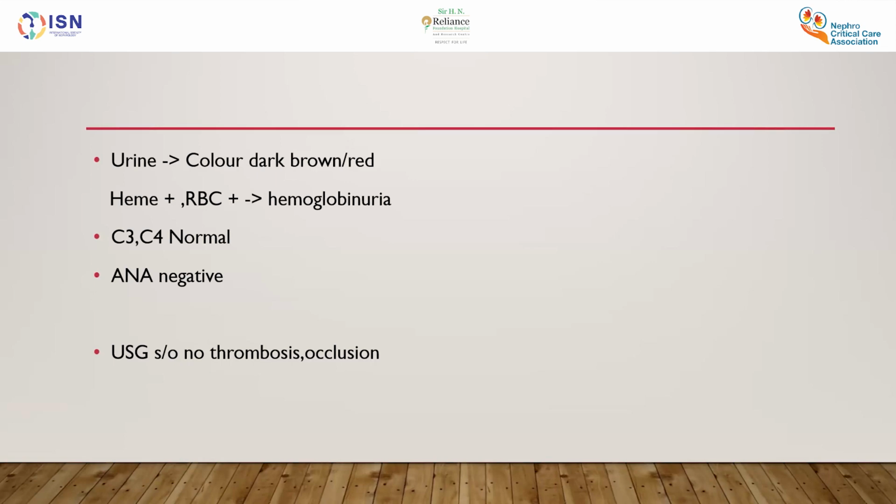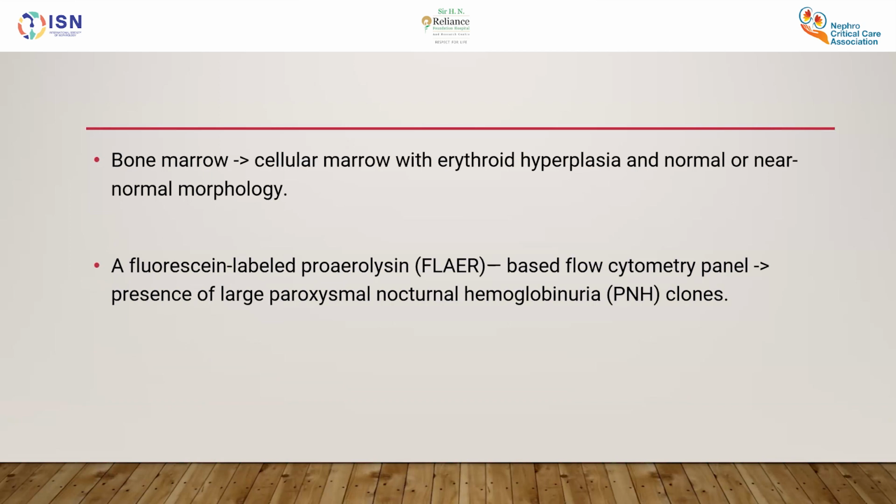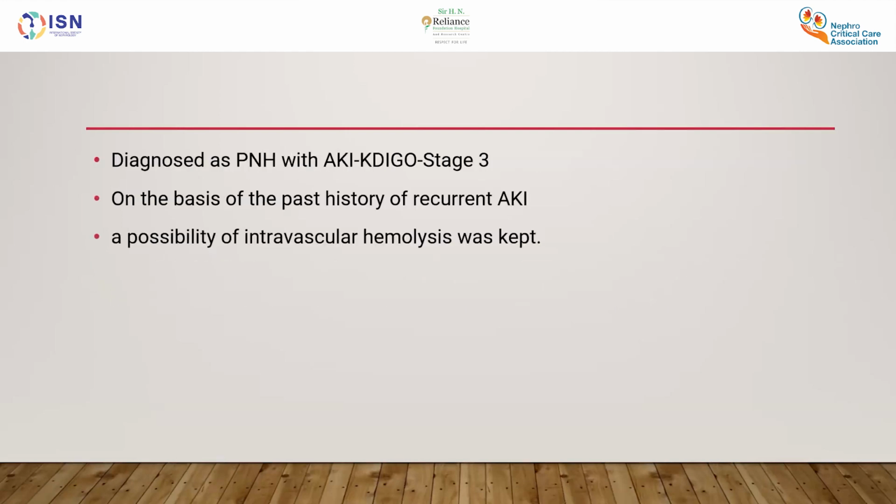Yes, so sir is correct. We involved a hematologist. Bone marrow was done, which showed a cellular marrow with erythroid hyperplasia and near normal morphology. Flow cytometry panel was sent and it showed PNH clones. So this was basically AKI, KDIGO stage 3 secondary to PNH. There was a past history of recurrent AKI which did not require any dialysis support.